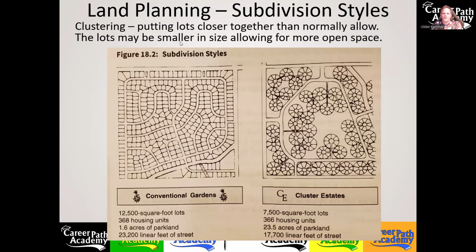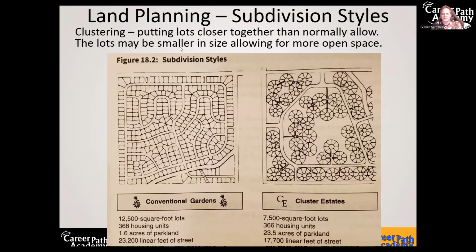So these are all things that the subdivider needs to take into consideration when planning their subdivisions: the streets, the street patterns, the lot sizes, the layout of the lots. Are they planning for larger lots or more open space and parkland?